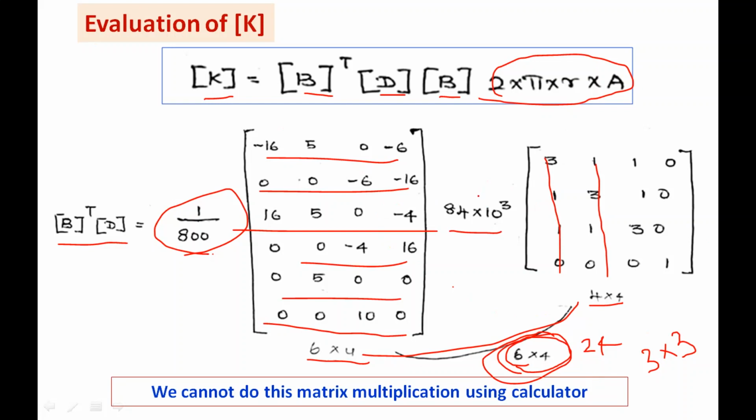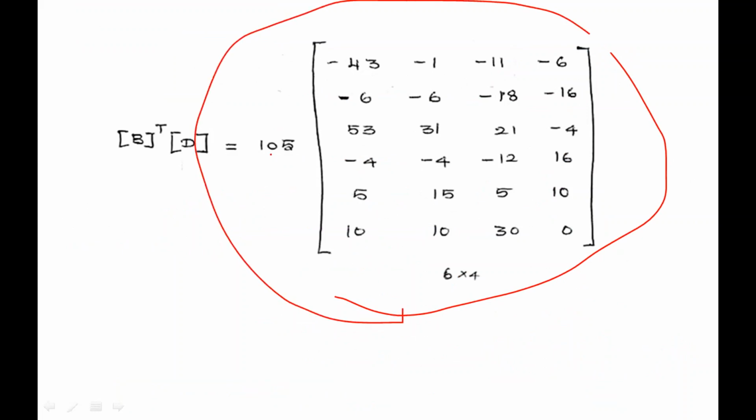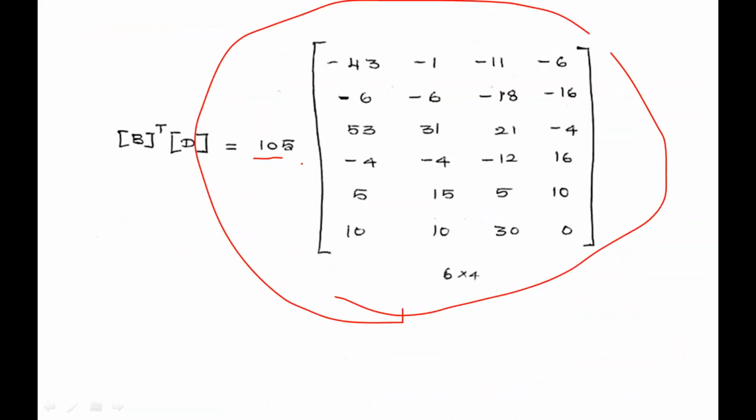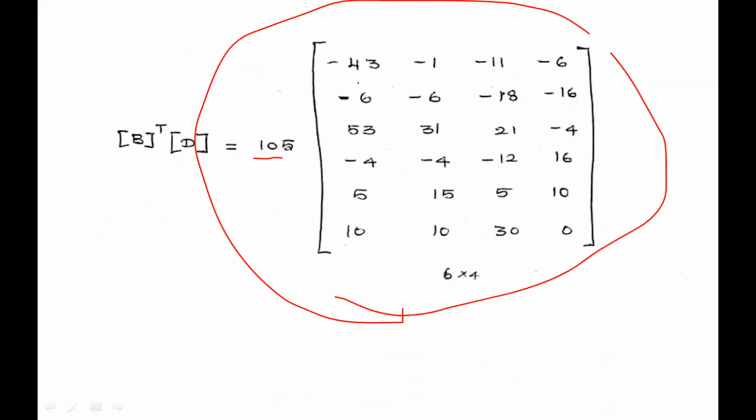After doing this matrix multiplication manually, this is the resultant matrix I am showing here. So this 105 is for this one: 84 into 10 power 3 divided by 800 becomes 105. We do this multiplication row by column and get this 6 by 4 matrix.